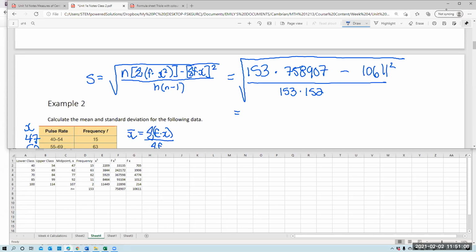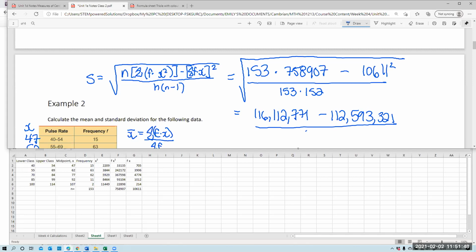So 153 times 758,907 is equal to 116,112,771, subtracted by 10,611 squared, which is 112,593,321. Then we're going to divide that by a very, very big number, 153 times 152.